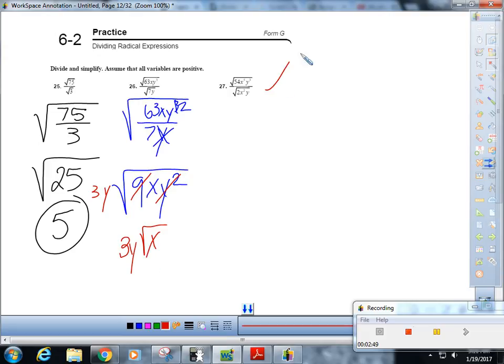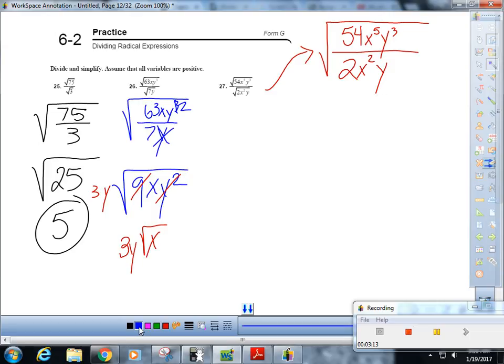So I'm going to rewrite that. I'll skip the first step this time. That's 54. What does that say? X to the 5th. And then what's y to the 3rd? Over 2x squared y.